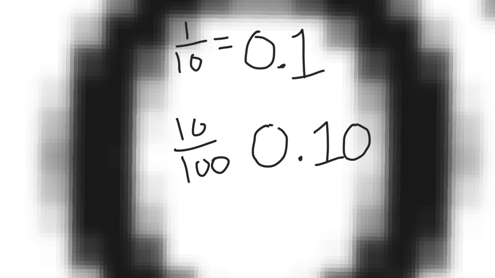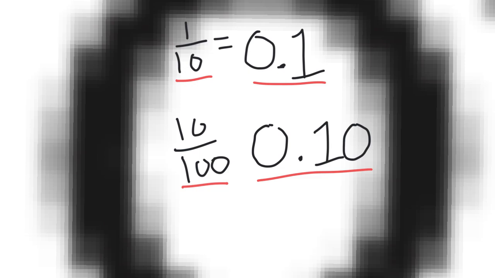They're the same number, written slightly different, okay? So what our assignment is saying is that if you can, write it as tenths. But if you can't, you can use hundredths.